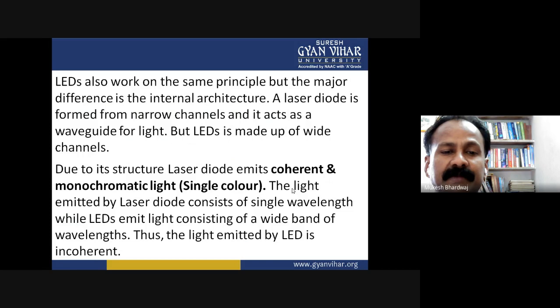The light emitted by a laser diode consists of a single wavelength, while an LED emits light consisting of a wide band of wavelengths. Thus, the light emitted by an LED is incoherent.